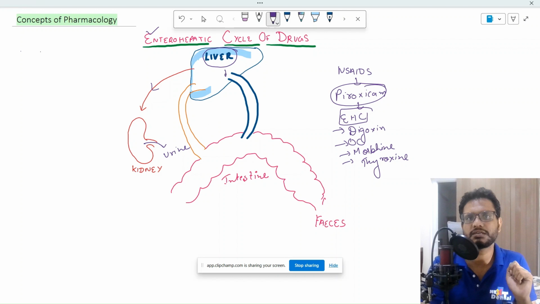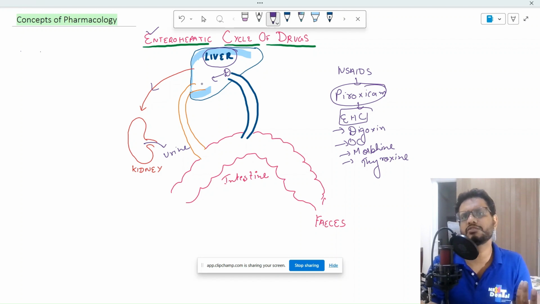Now suppose there is a drug, and this drug is conjugated with glucuronide. There is something called glucuronide conjugation that occurs in the phase 2 reactions of drug metabolism, and that occurs of course in the liver. So the drug is going to be conjugated with glucuronide; this is called glucuronide conjugation.